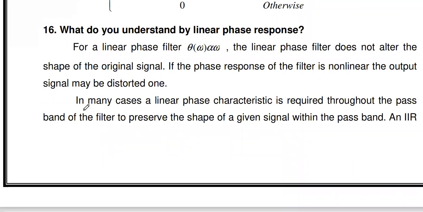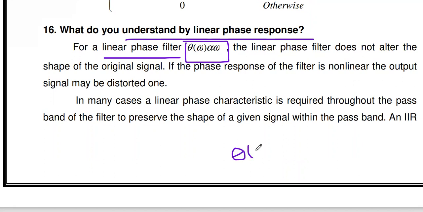The next thing, what do you understand by linear phase response? This is also one of the university questions. I didn't mention the year here. Already we discussed this question. For a linear phase filter, it should satisfy the condition that theta of omega is directly proportional to omega.